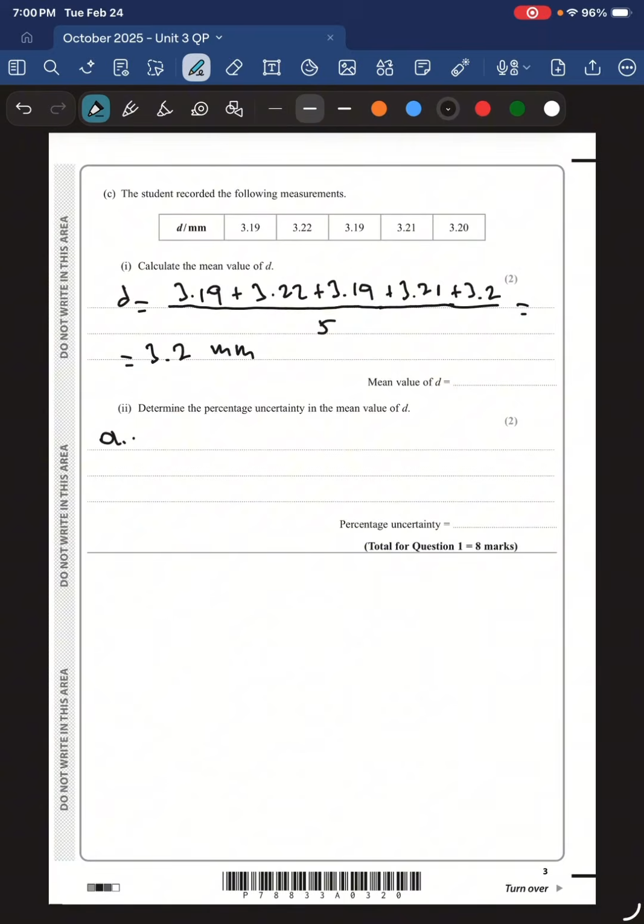So absolute uncertainty in D, absolute uncertainty is with a U, okay, in D is equal to half range. And the range is determined by finding the two extreme values, the highest and the lowest. Okay, so the highest is 3.22, the lowest is 3.19, right?